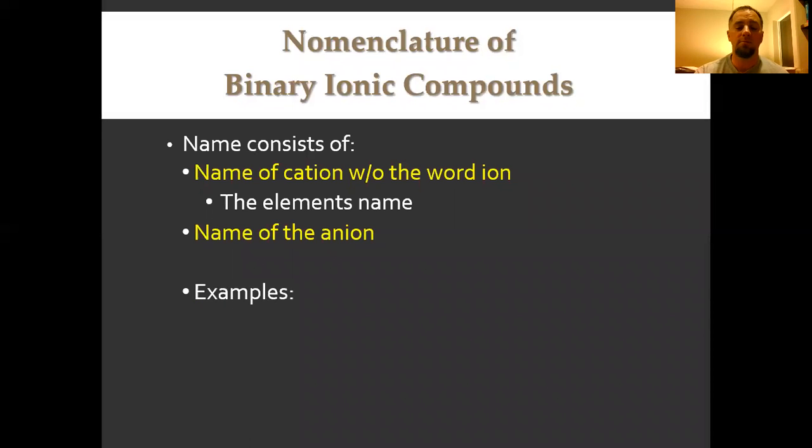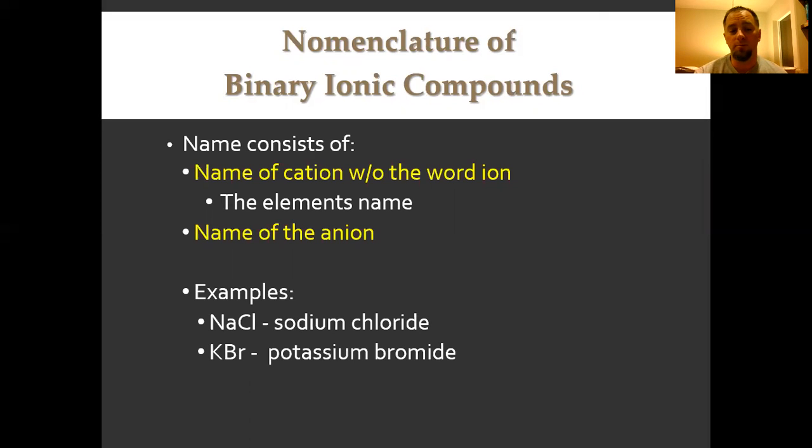The anion was just chloride, for sodium and chloride. So here's our example, sodium chloride. We just drop the word ion from the cation and then use the anion name in the name of that compound. KBr is potassium bromide.